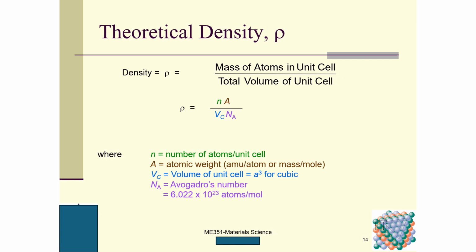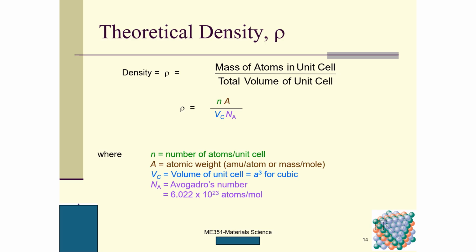So up to now we have talked about the 4 different crystal structures. One is SC, the second is FCC, the third is BCC, and the fourth is HCP. We talked about APF, atomic packing factor, and the coordination number for each of these 4 crystal structures.